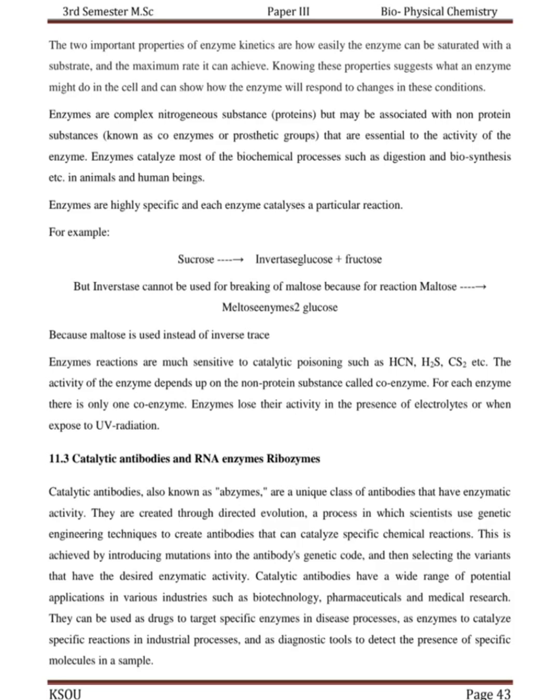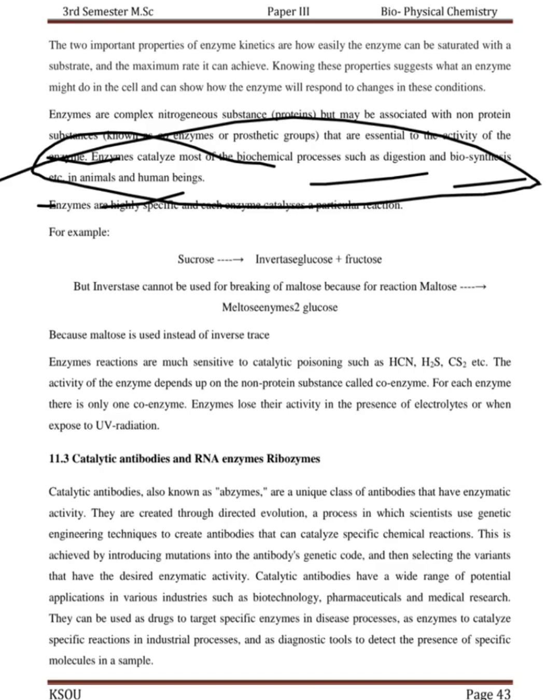And enzymes are complex nitrogenous substances, they are proteins, but may be associated with non-protein substances. For example, here they have taken that enzymes catalyze most of the biochemical processes, such as digestion, biosynthesis, etc., in animals and human beings. So enzyme kinetics is mainly for biochemical processes.